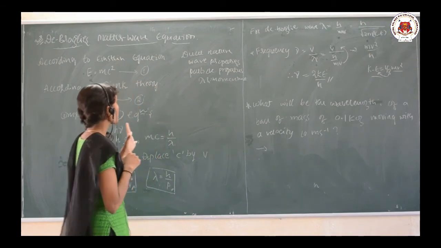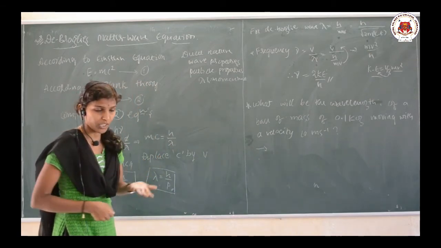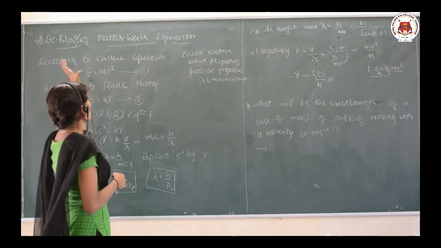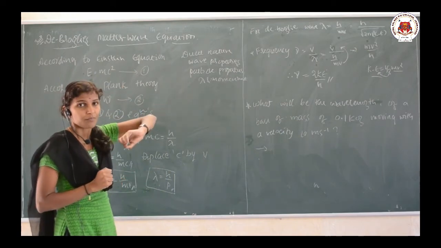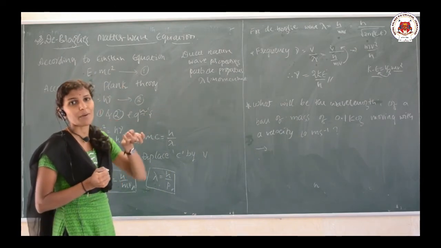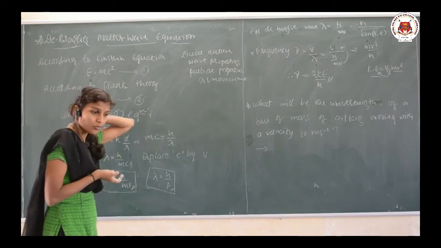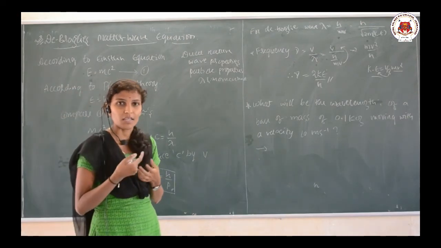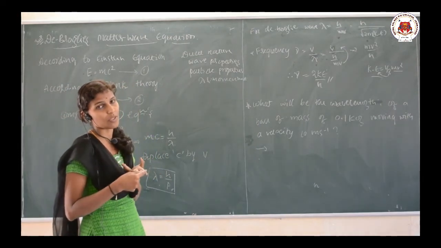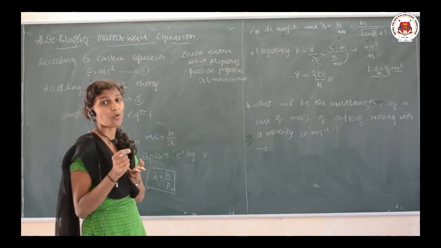So, we are discussing the scientist de Broglie's matter wave equation. He predicted that an electron or moving particle can show dual character: it can behave like a wave as well as like a particle, that is wave particle duality.